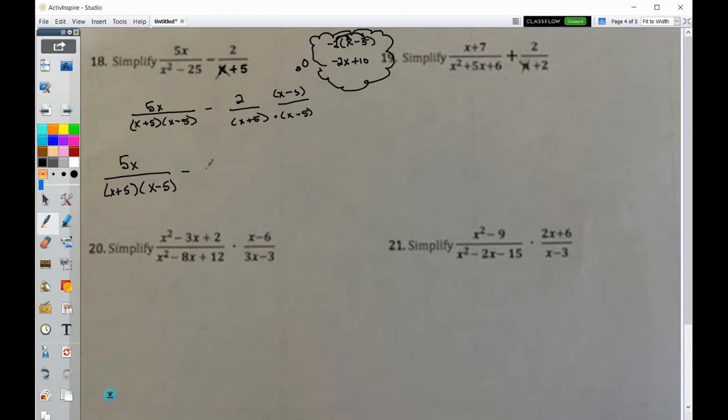Since I've distributed the negative in, I'm going to get rid of this minus right here because I took care of it already, and replace it. So in this one, it's going to be negative 2x plus 10 in the numerator.